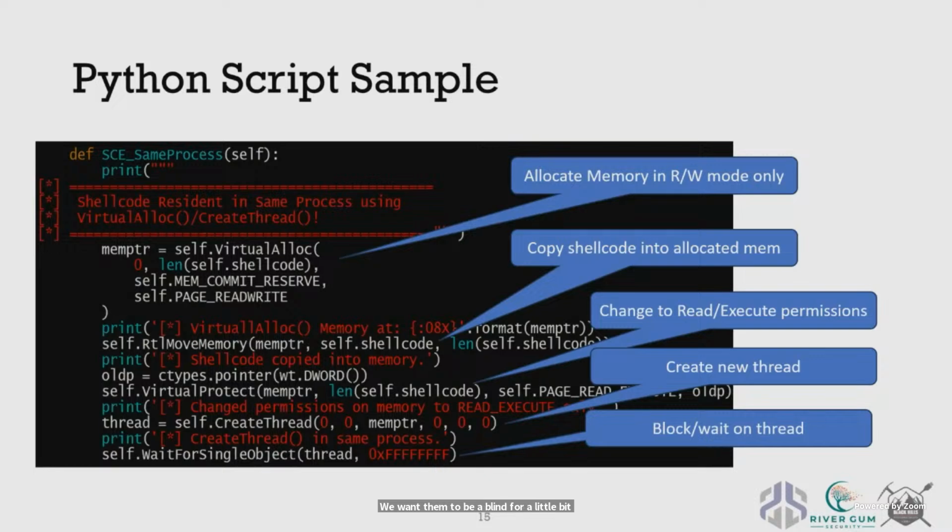Then we're going to use the function called RtlMoveMemory to copy our shellcode into that allocated memory. Then we're going to use a function call in kernel32 called VirtualProtect, which changes the protections of that allocated memory from PAGE_READWRITE to PAGE_READEXECUTE. Notice that I deliberately left write off.